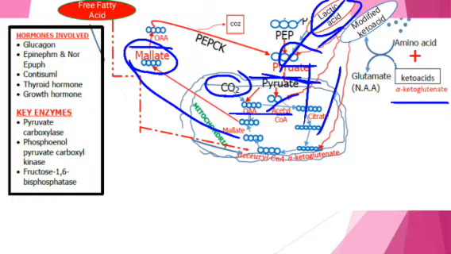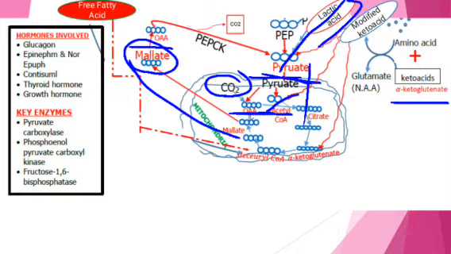It will first flow into pyruvate, and then pyruvate will be converted to oxaloacetate by pyruvate carboxylase, which will then be isomerized to malate, pushed outside the mitochondrial membrane, and form oxaloacetate.